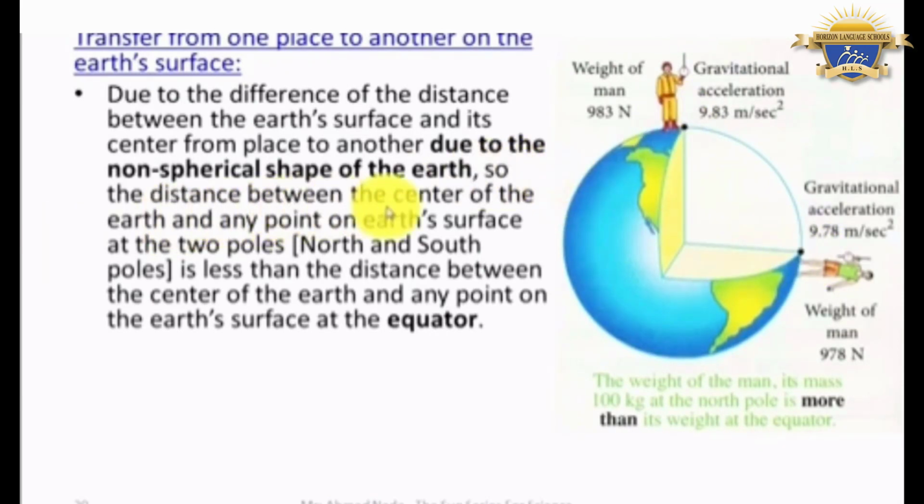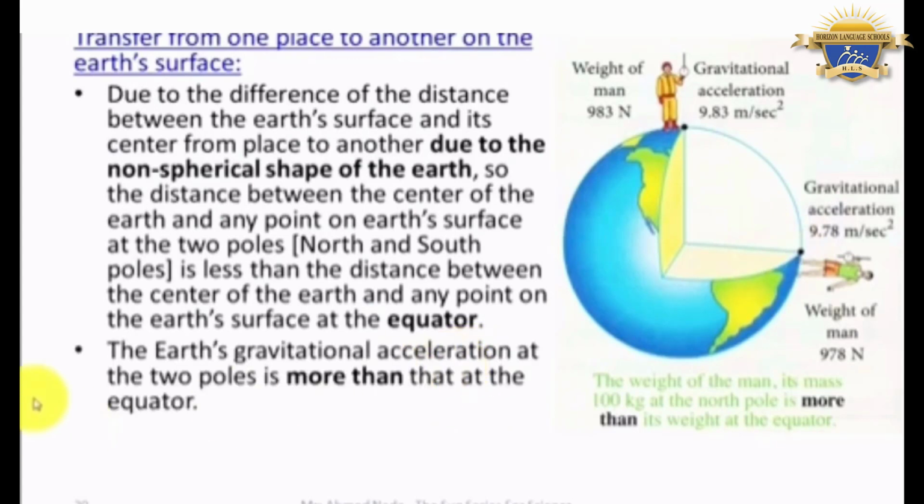The distance between the Earth's center and any point on the Earth's surface at the two poles is less than the distance between the center of the Earth and any point on the Earth's surface at the equator. Okay. The weight of the man, whose mass is 100 kilogram, at the North Pole is more than its weight at the equator.